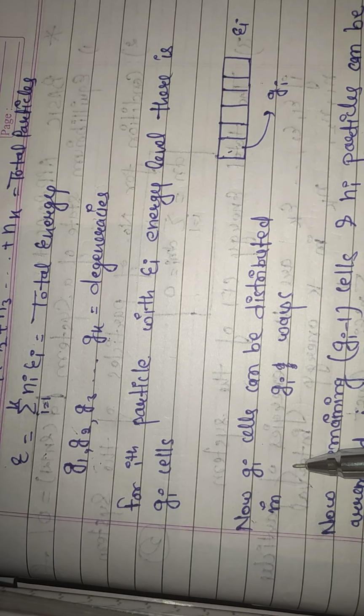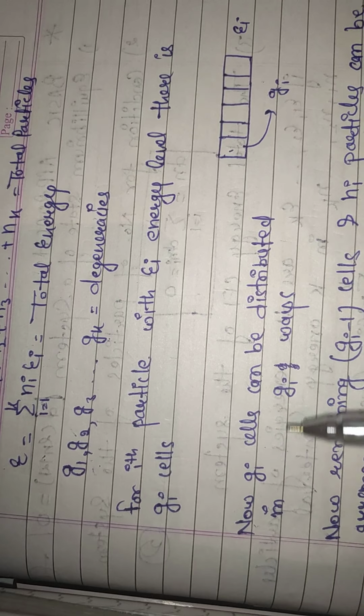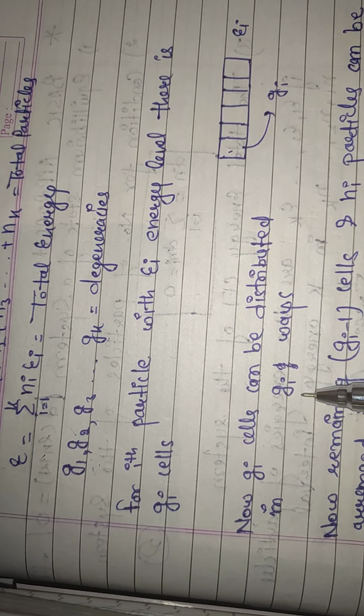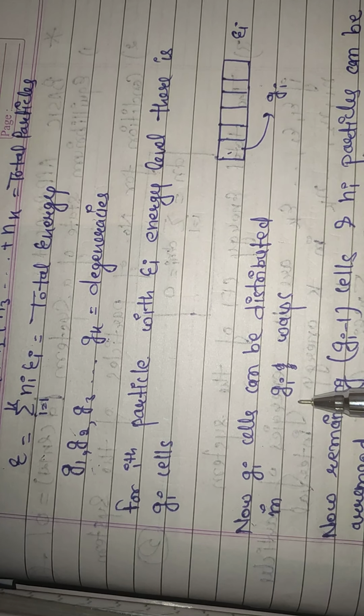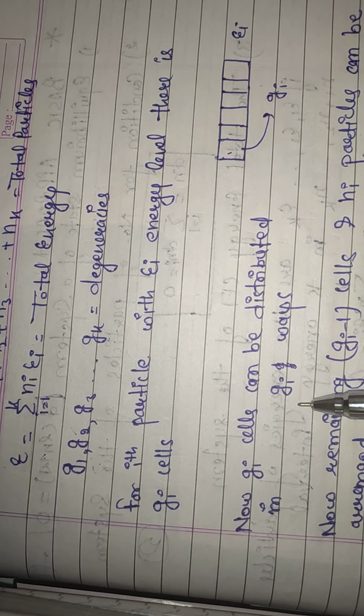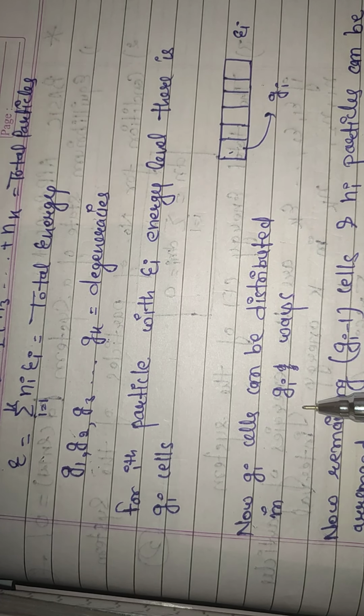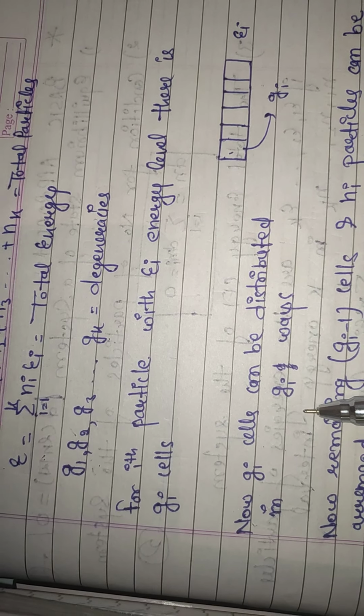Gi cells can be distributed in how many ways? Gi ways. Simply, if you have 5 cells, then you have 5 ways. If 10 cells, then you have 10 ways.